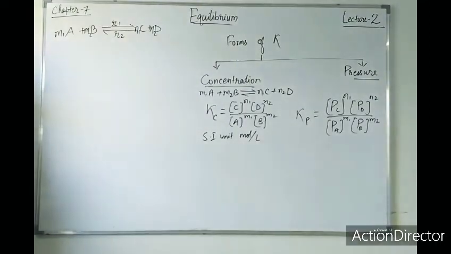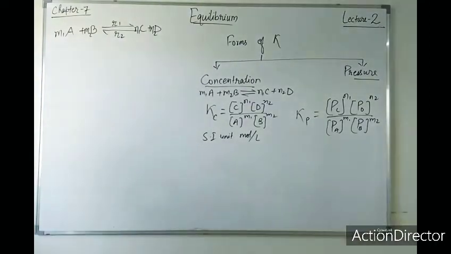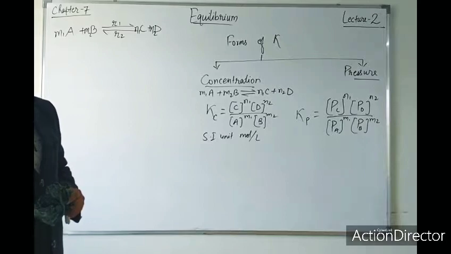Okay, understand this reaction as a homogeneous chemical equilibrium reaction: M1A plus M2B at equilibrium. Here I don't want to mention the rate of reaction, I just want to write this. Now I want to show you the relationship between Kp and Kc. What is the relationship between Kp and Kc?